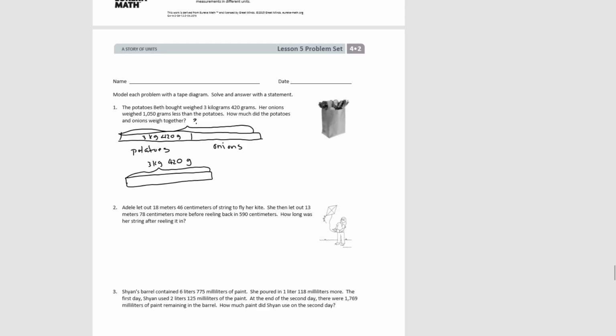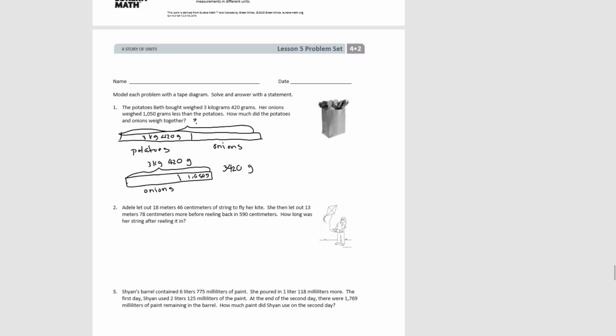And we know that the onions weigh less than the potatoes by 1,050 grams. So to find the weight of the onions, this tape diagram tells us we're going to need to do a subtraction. So let's take the total amount of the potatoes and write it as grams.